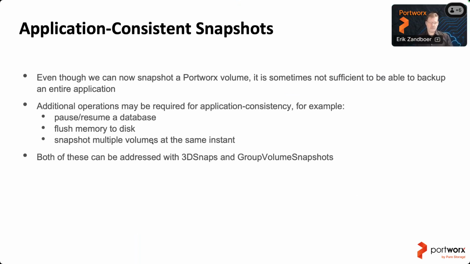A better way of doing it is talking to the application and saying, hey, please flush all your stuff to disk and go to sleep while we take the snapshot, and then you resume. That is a fully application consistent snapshot, which we can also do. Whenever you take a snapshot, we can do pre and post commands before and after the snapshot, to quiesce databases and make sure that it's all consistent the moment we take the snapshot.